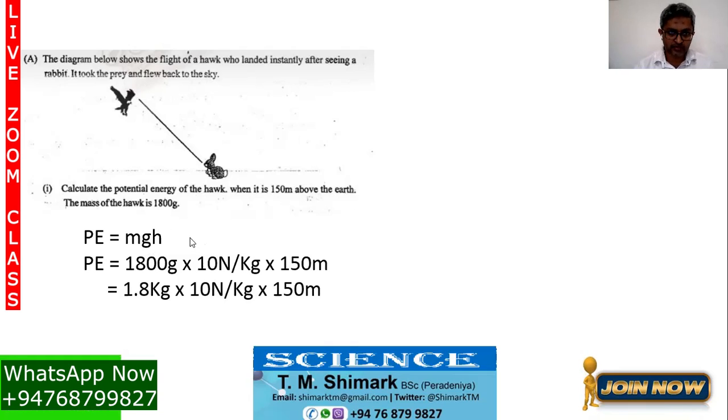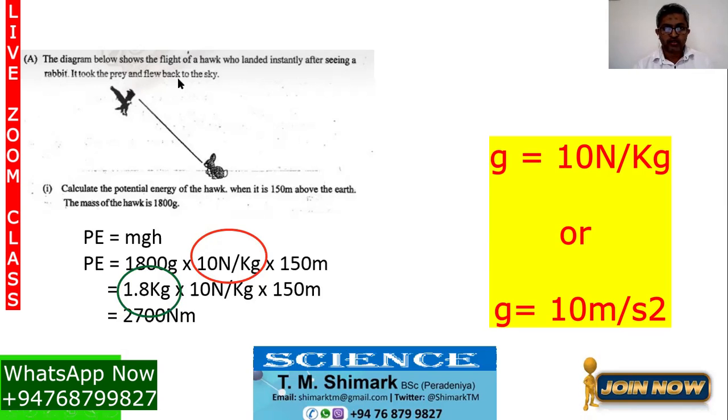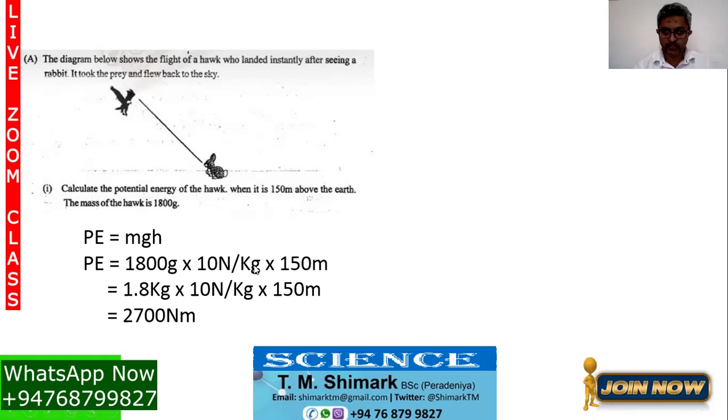The gravitational field strength is given in Newton per kg, so always be careful to convert the mass into kilograms. I have converted the grams into kilograms and then calculated the potential energy. The conversions are very important, otherwise you will not get this answer. Otherwise g will be given in meters per second squared; that unit is there for it.